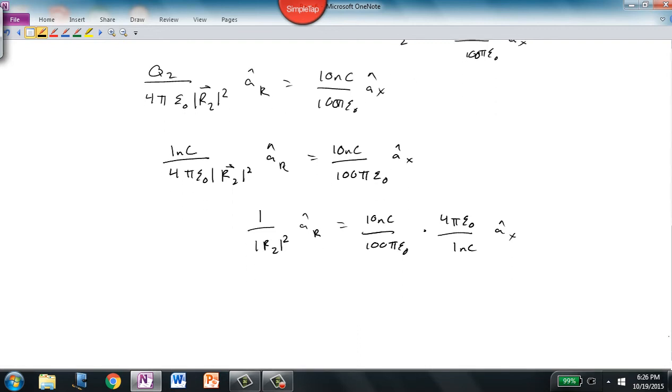And if we were to solve this, we would see that R2 is equal to 1.58 a hat x. So R2 a hat R, R2 pointing in the a hat R direction, is 1.58 a hat x.